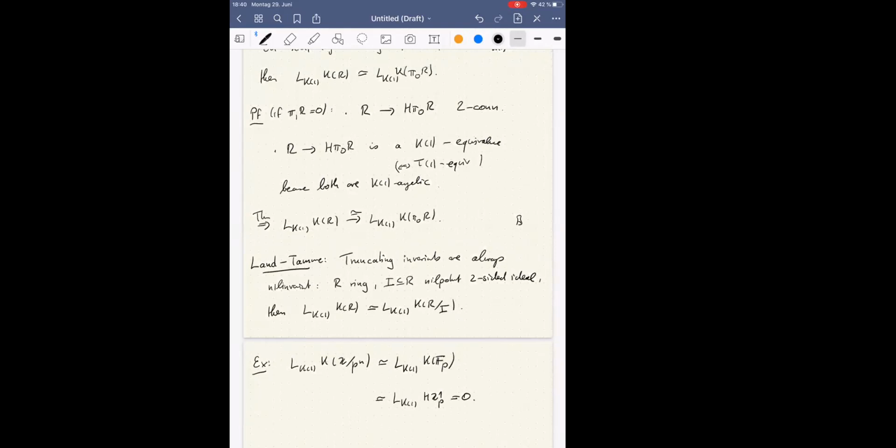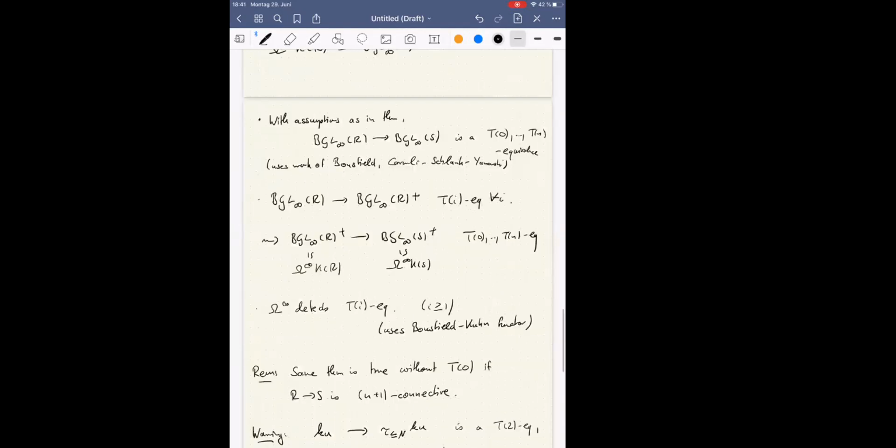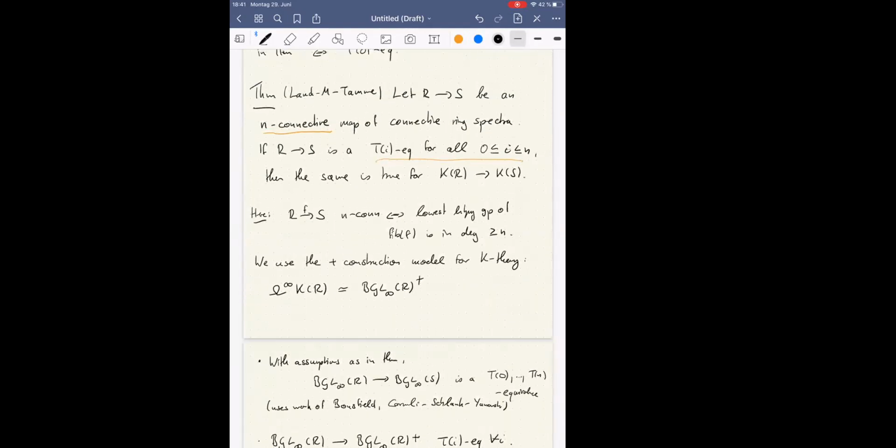Actually, none of the results, as said, uses TC in any way. For example, this result I mentioned, that K-theory preserves chromatic equivalences, is really proven on the K-theory side. Actually, you can deduce the corresponding result for TC from this by the Dundas-McCarthy theorem, but I actually don't know a direct proof for TC about this.